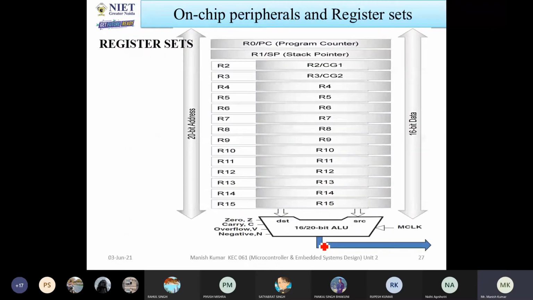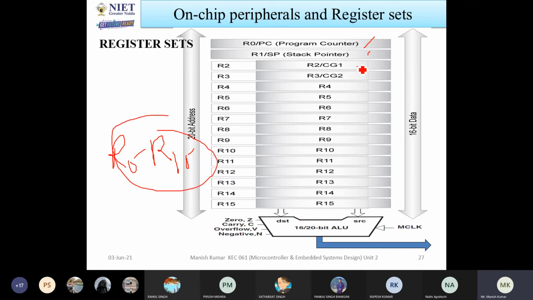Now we will talk about the register sets. In the register sets there are totally 16 registers available, indicated as R0 to R15. Total 16 registers are available. You can see R0, R1, R2, R3, R4, R5 up to R15.